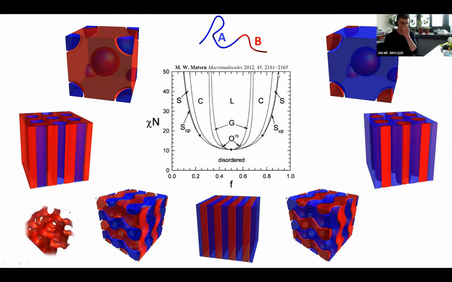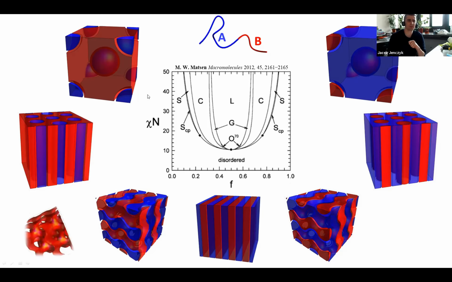And in the early 90s, some theoreticians introduced this beautiful phase diagram, which was calculated for diblock copolymer systems, so for the simplest systems.